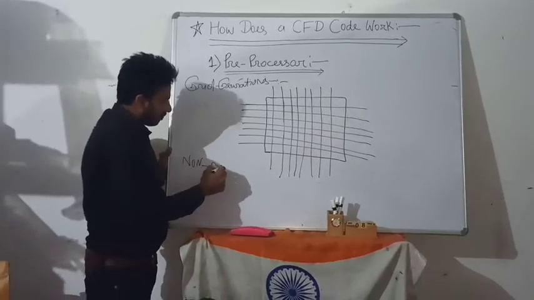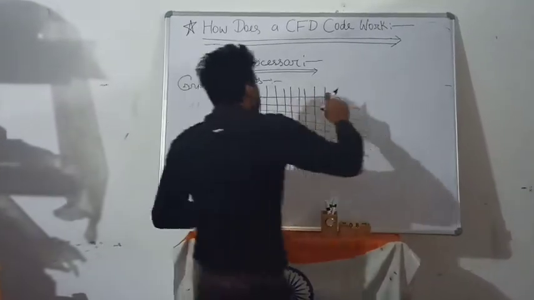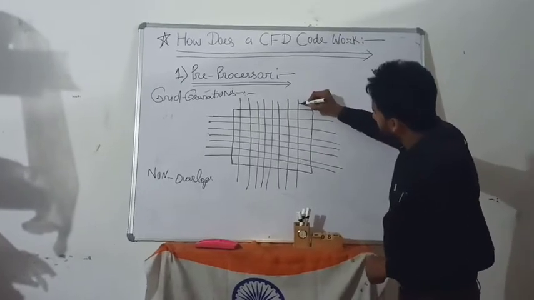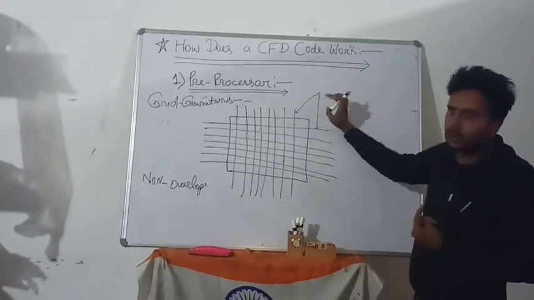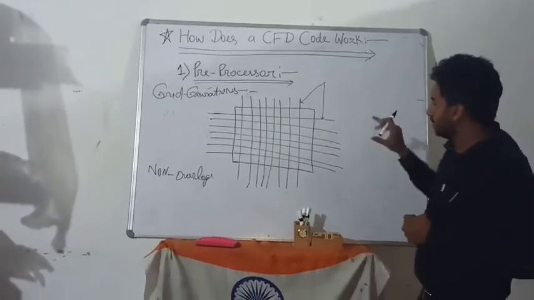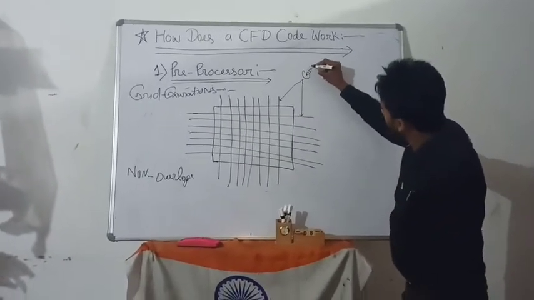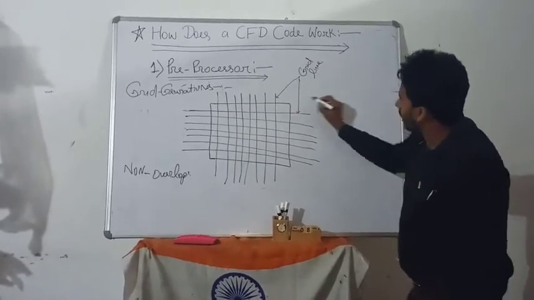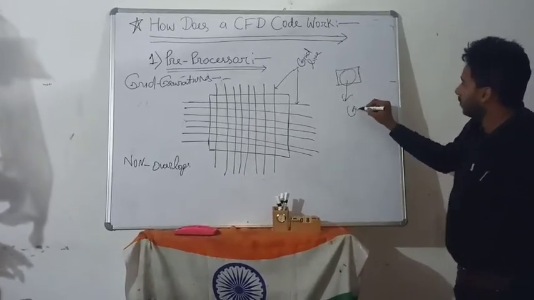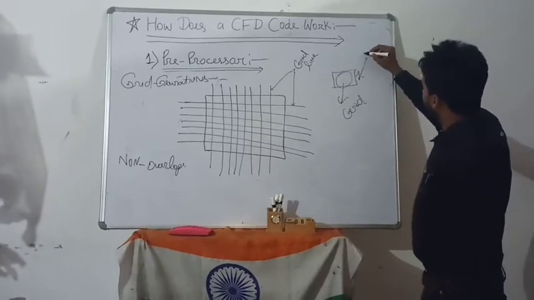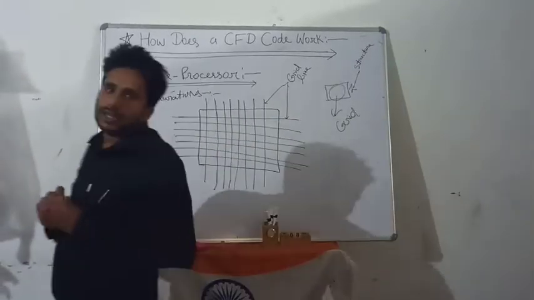The grid lines form the grid structure. This is called the grid line, and this is called the grid, in structured form. I discussed in the previous lecture what a grid line, a grid, structured and unstructured are. Then the first step is grid generation.